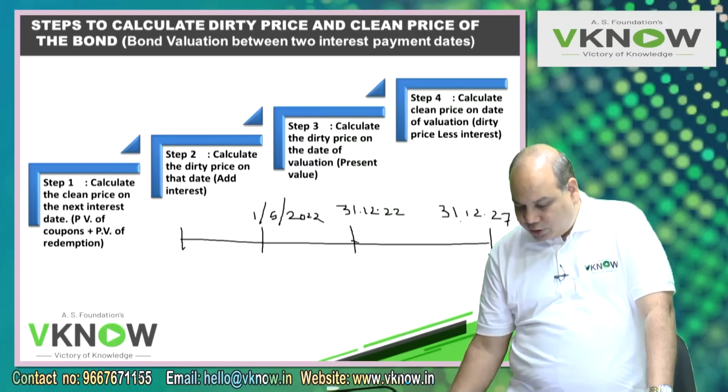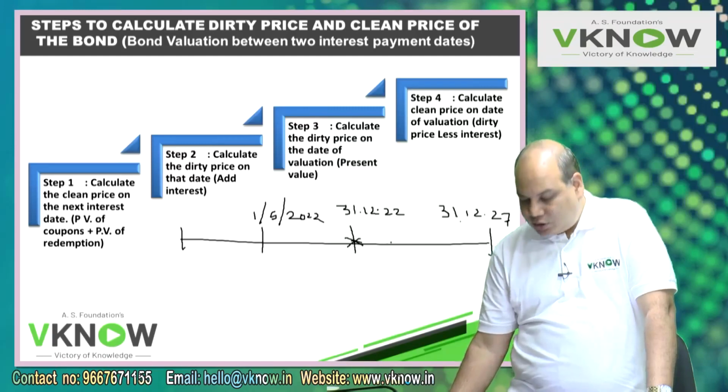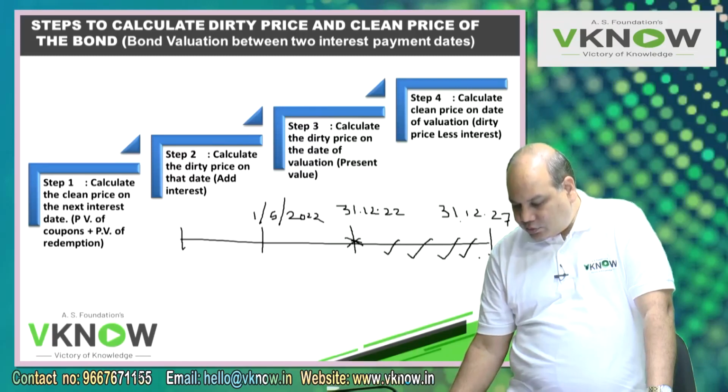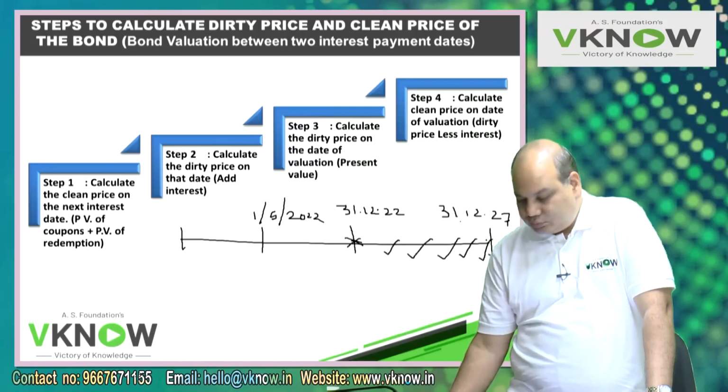So first you find out the value of this bond at this point, which is easier. So this bond will generate coupon in year 2023, 24, 25, 26 and 27, means 5 more coupons will be paid in future.